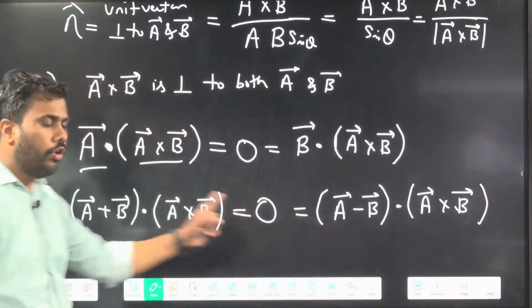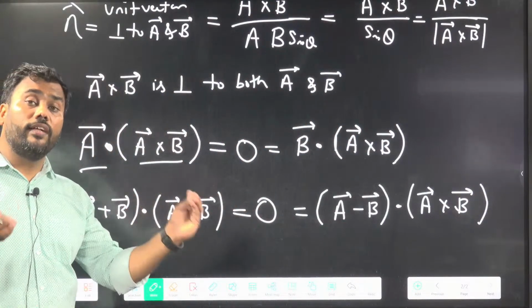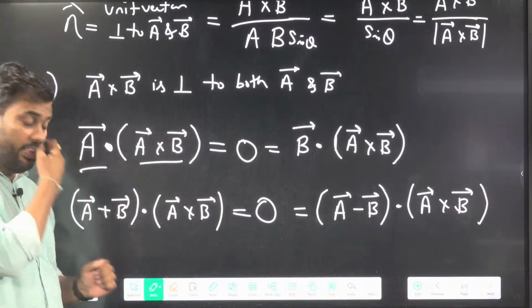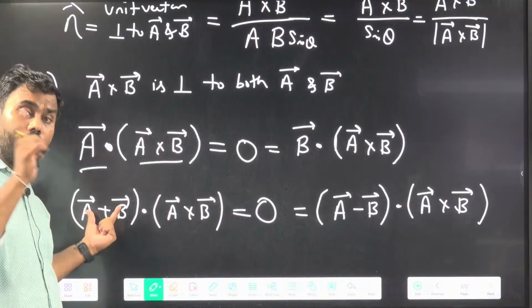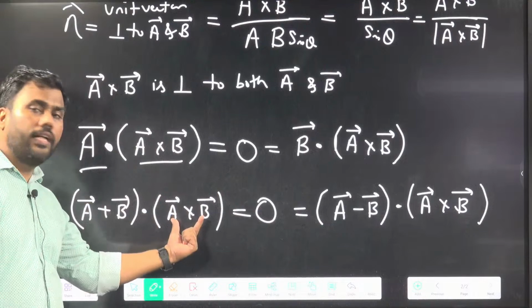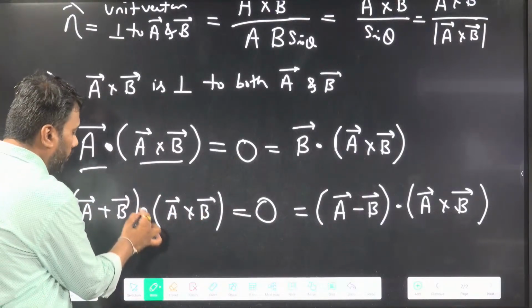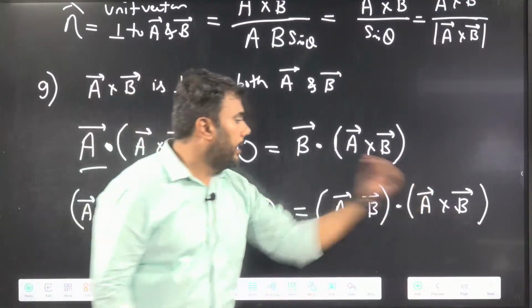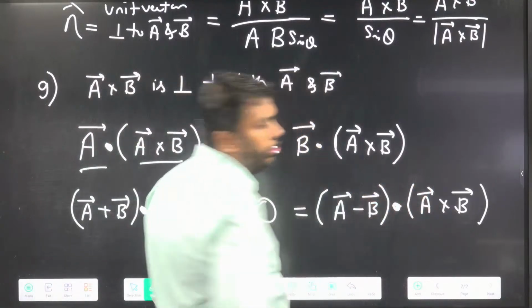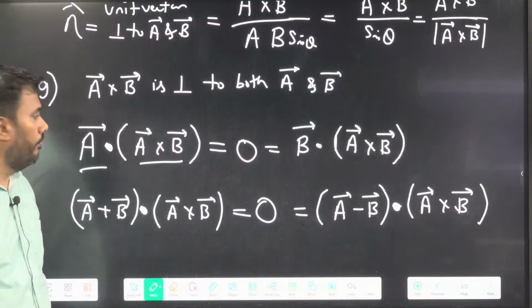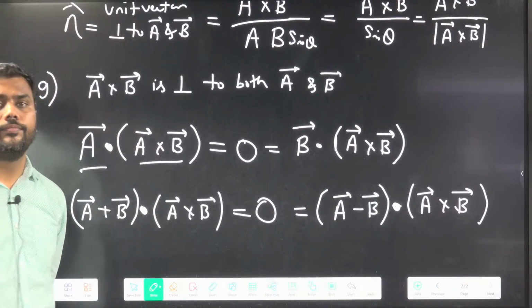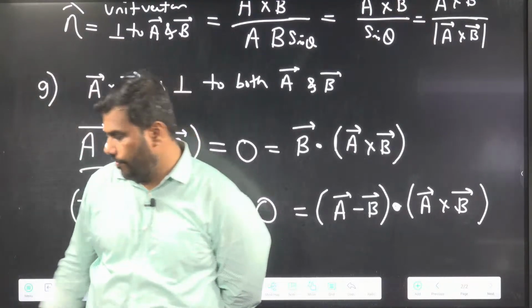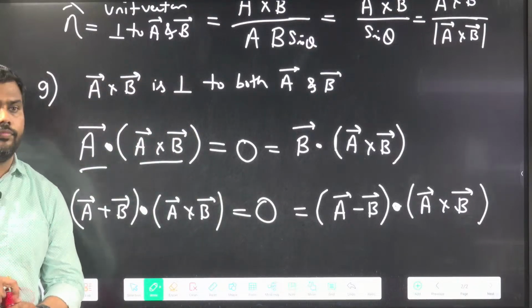A plus B is a vector in the plane of A and B, which is again perpendicular to A cross B, so the dot product is 0. A minus B is also in the plane of A and B, so again the dot product is 0. So remember these properties.